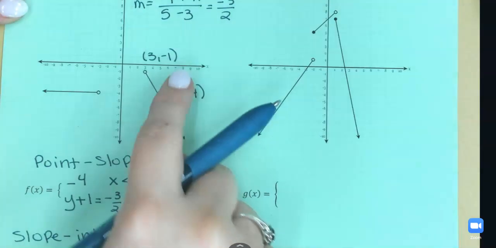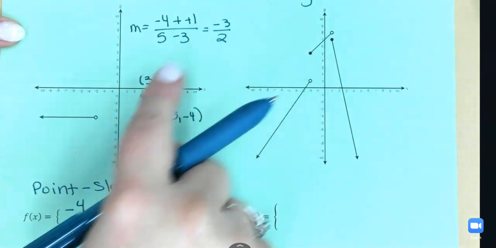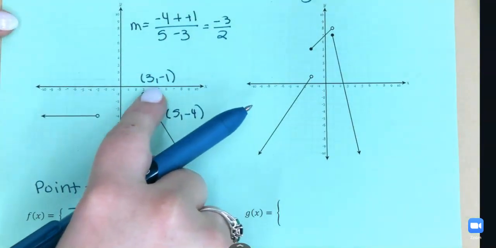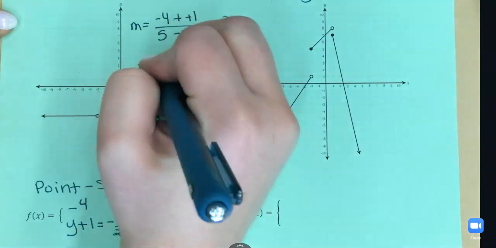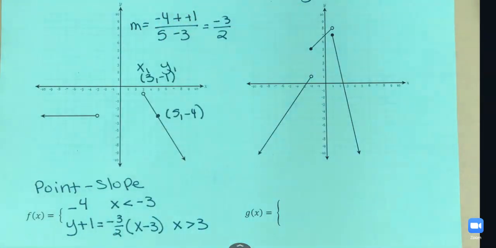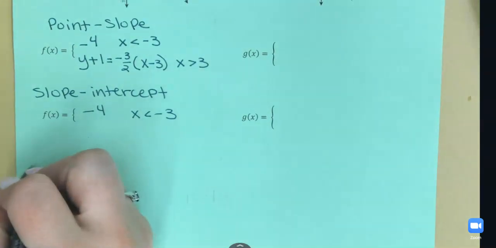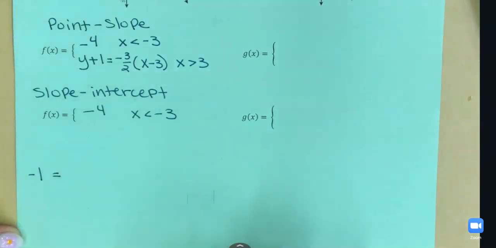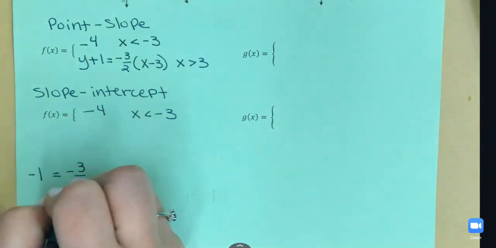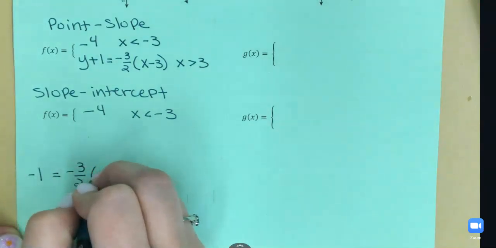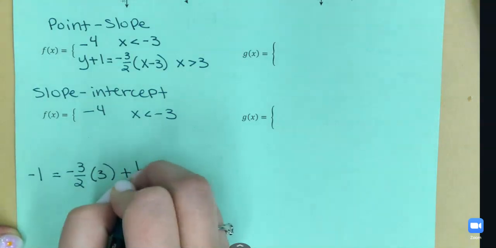So I already have my slope. I know my slope is -3 over 2, and I have this point. I'm going to use that x1 and y1 to find b. So I'm going to say my y, -1, is equal to my slope, -3 over 2, times my x coordinate 3, plus b.